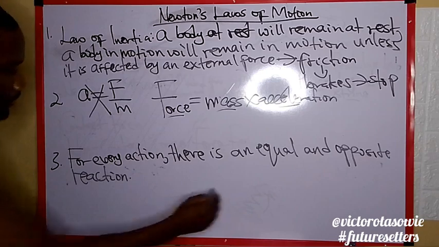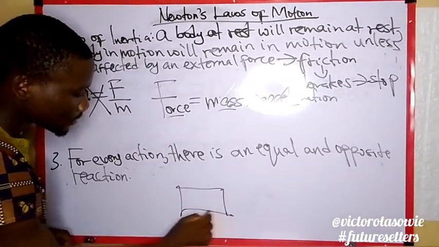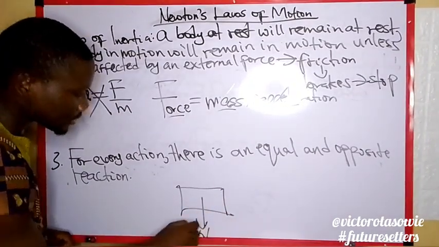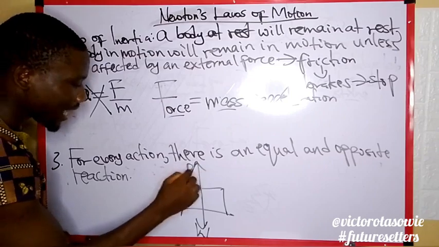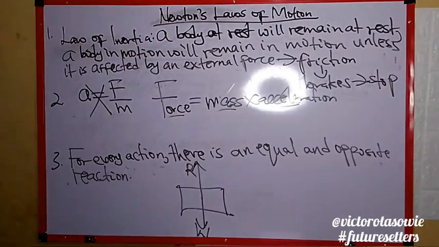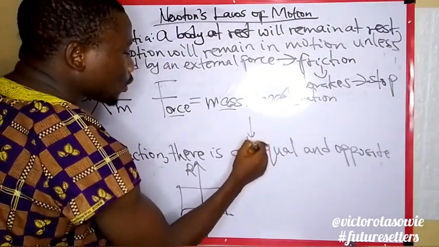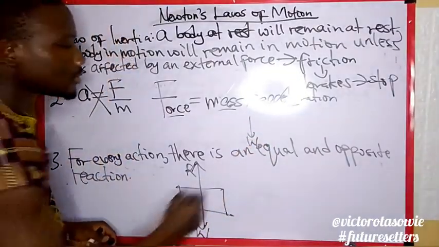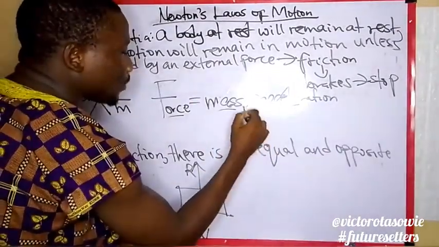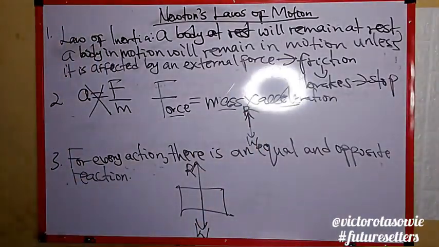So meaning that if the weight is acting downwards, the reaction will be acting where? Upwards. Because weight usually acts downwards, definitely the reaction will be acting upwards.